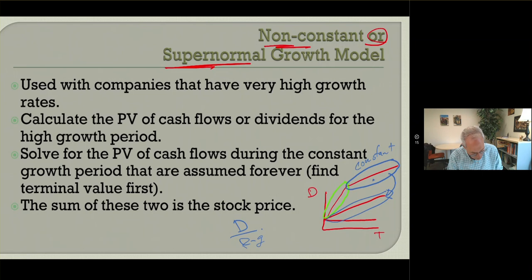That's the constant growth model, and we're going to apply that to this section of all the future dividends. And then this part, because it might be different each year, we're just going to take the present value of each of those and bring them back. So once again, all we're doing is taking the present value of all the future dividends, and we're bringing them back to today. So it just gets a little bit more complicated. So you can kind of read what I have there on that slide.